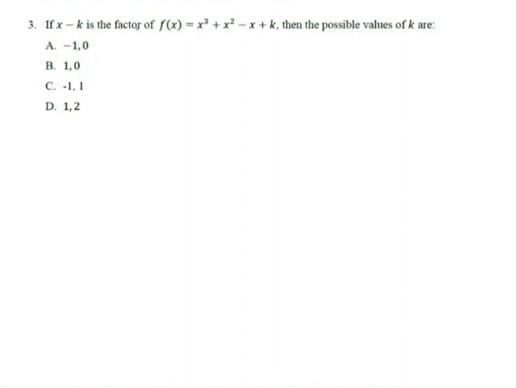If x minus k is the factor of f of x is equals to x cubed plus x squared minus x plus k, then the possible values of k are, so ምንድነው እዚህ ጥያቄ ውስጥ x minus k is a factor ተብሎ ተሰጥቶናል። x minus k ፋክተር ከሆነ የk ዋጋ ምን ይሆናል?